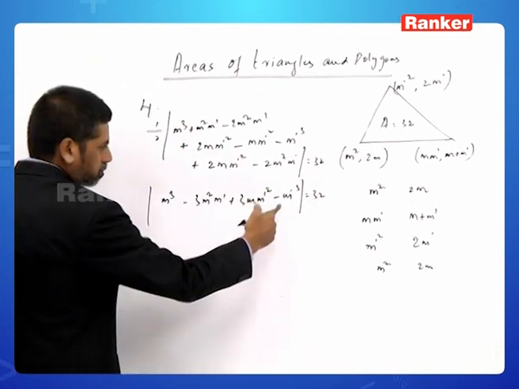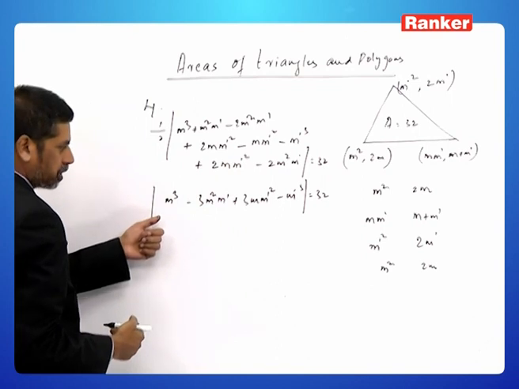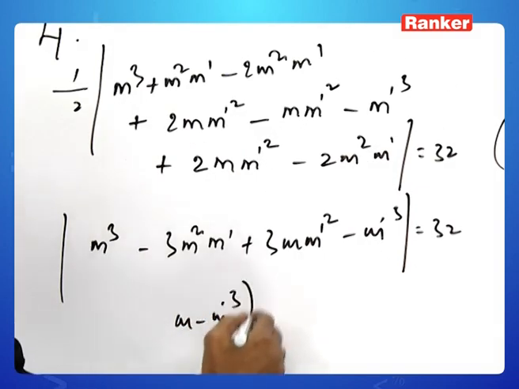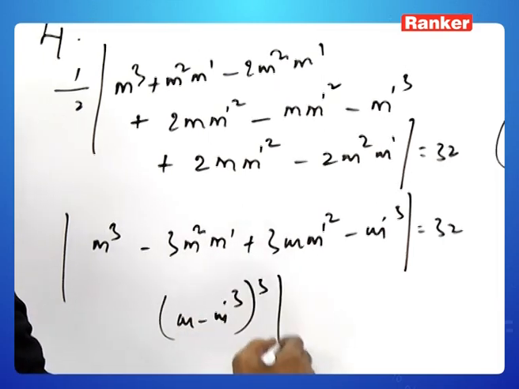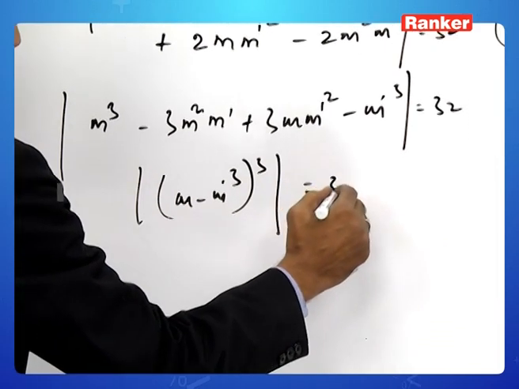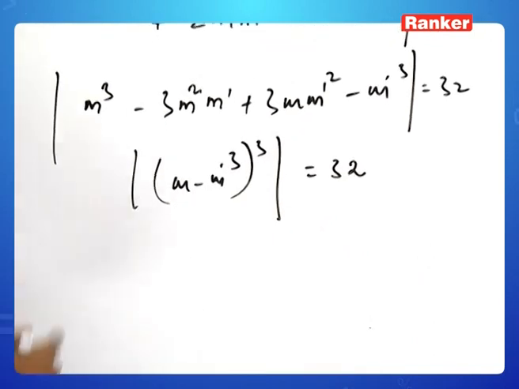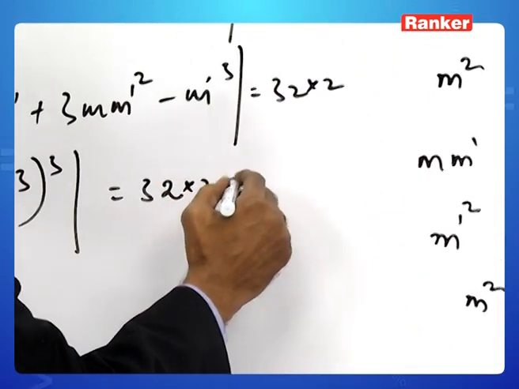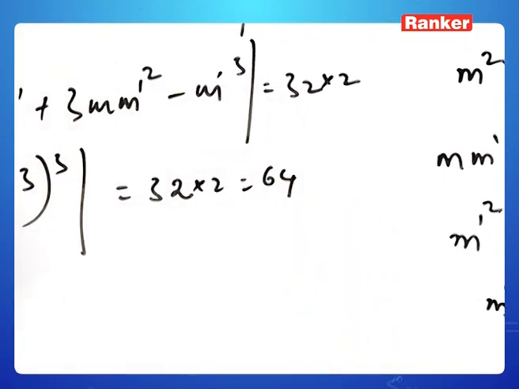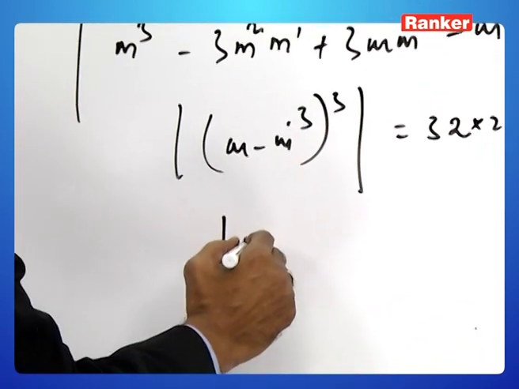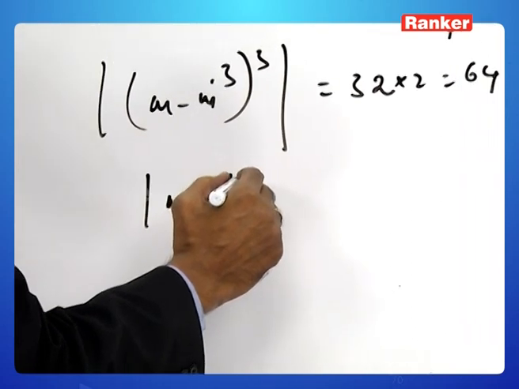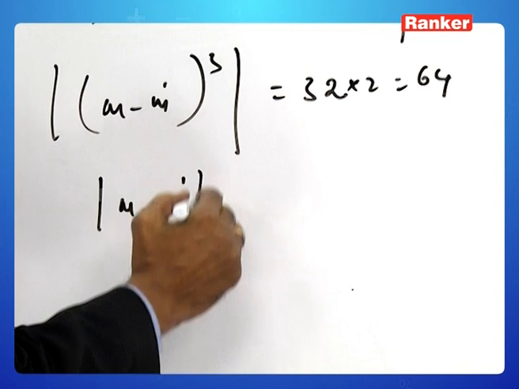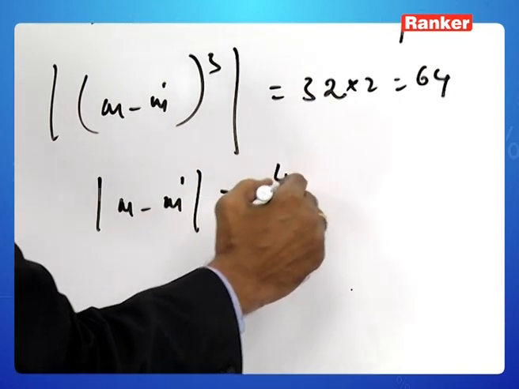Now students with good algebraic knowledge will find that this is a perfect cube. M minus m dash whole cube is equal to 32, 32 into 2 in fact. So mod m minus m dash is equal to 4.